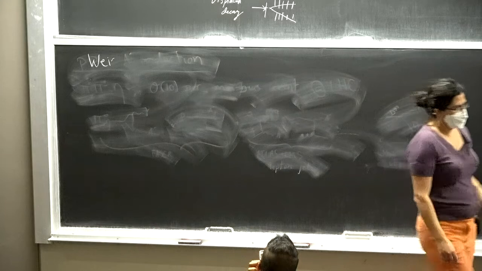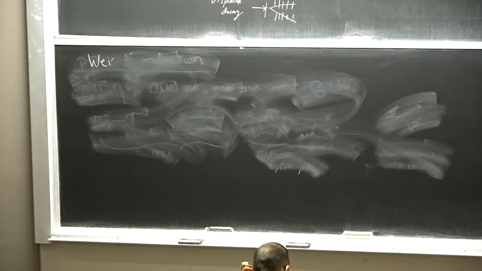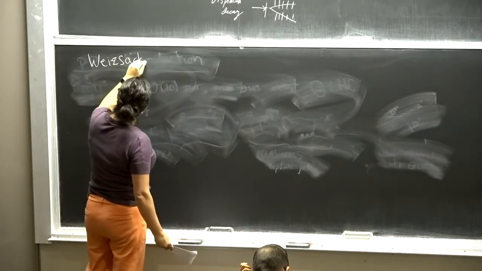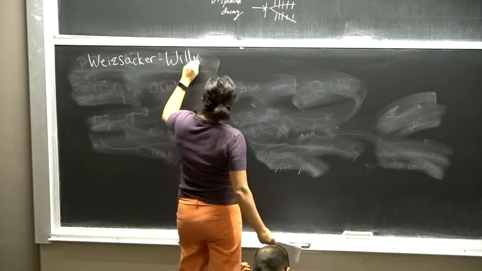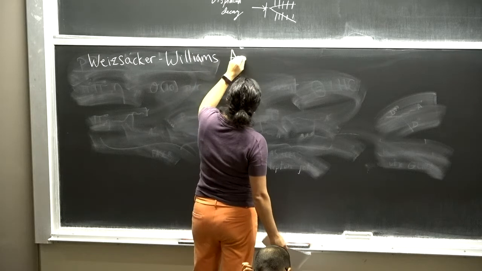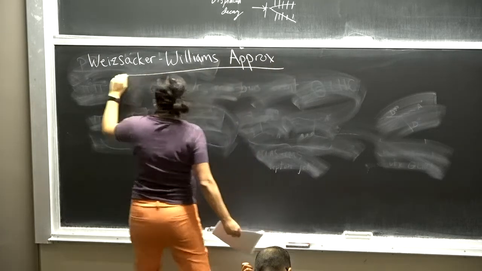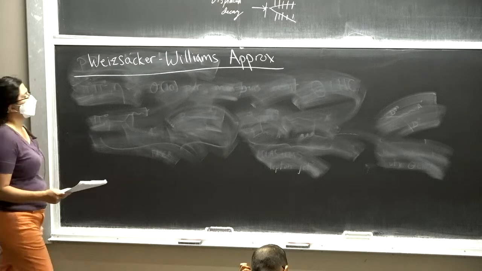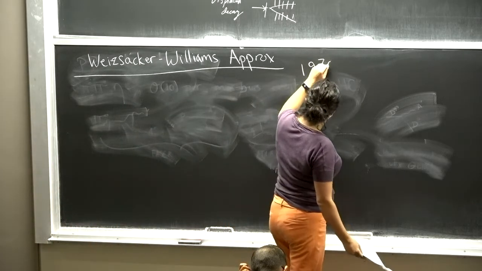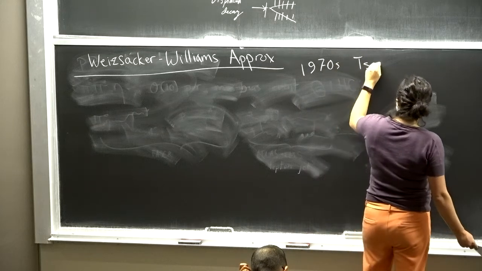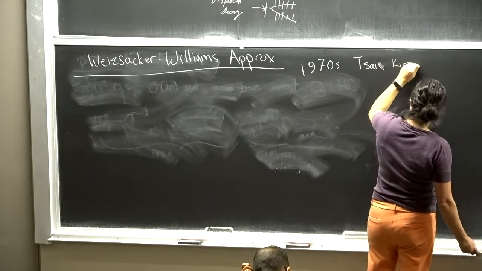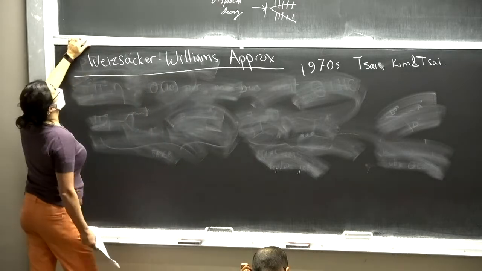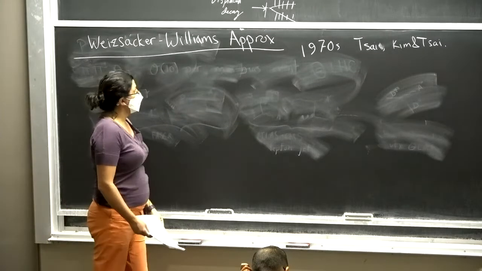But there's a common approximation, described in the case of electron beams by some 1970s papers by Tsai and Kim and Tsai, who worked out a lot of electromagnetic processes these ways, including an ALP production process that's very similar to our dark photon process.